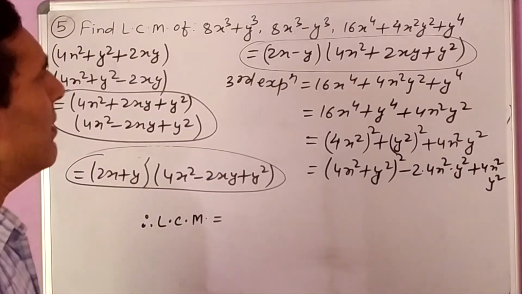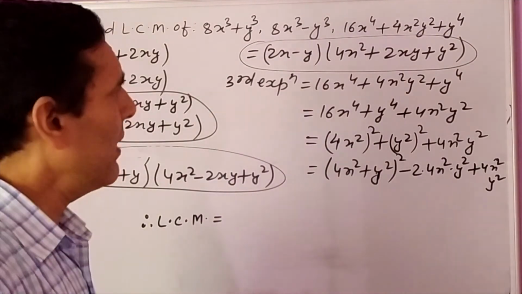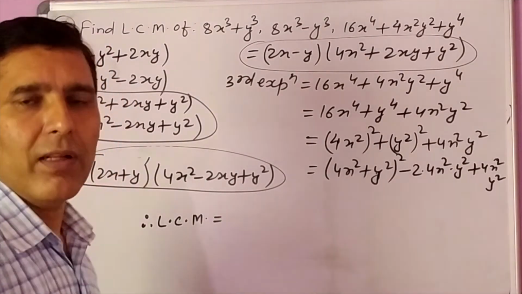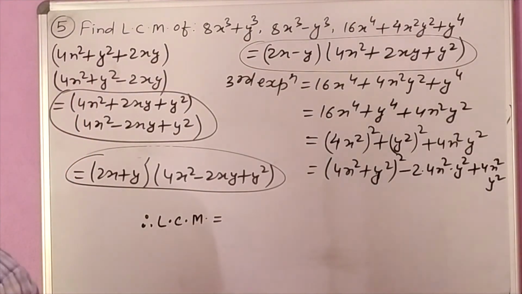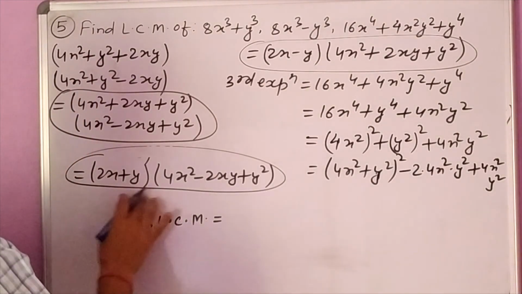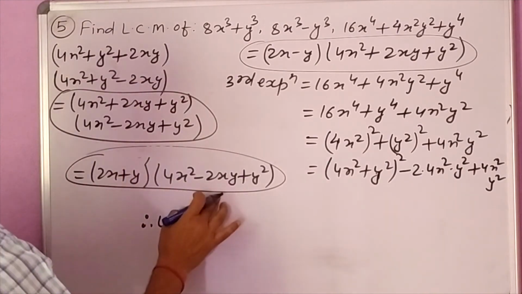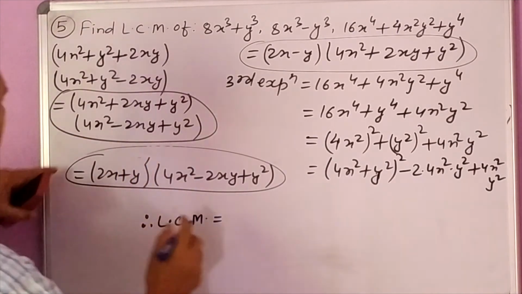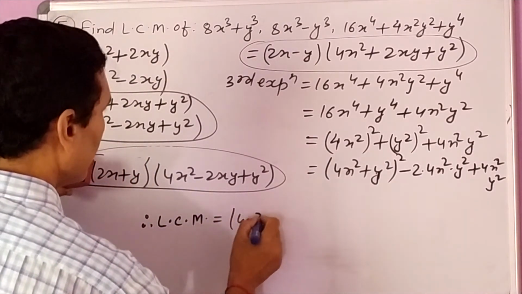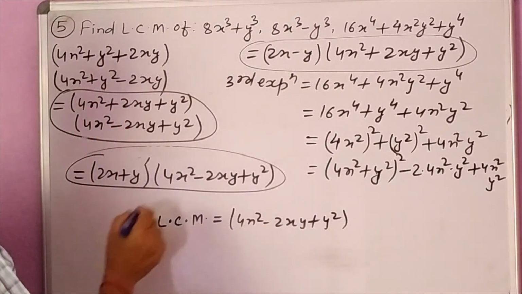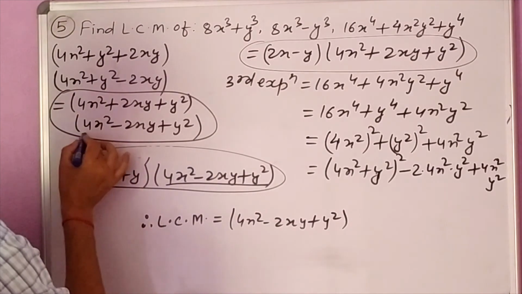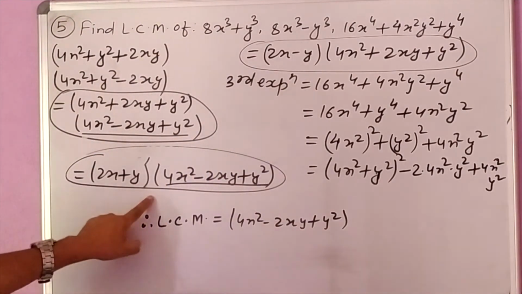So we take the common from two. This from the first and third, you can see we have 4x square minus 2xy plus y square, because this factor is common in the first and third.